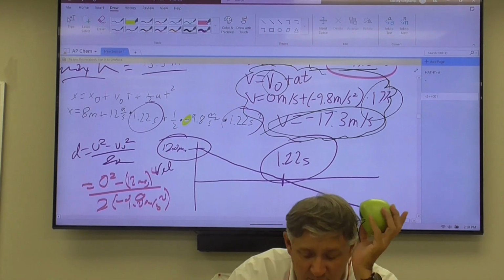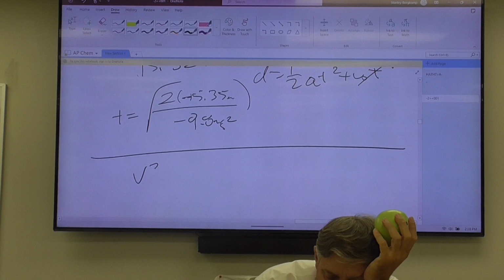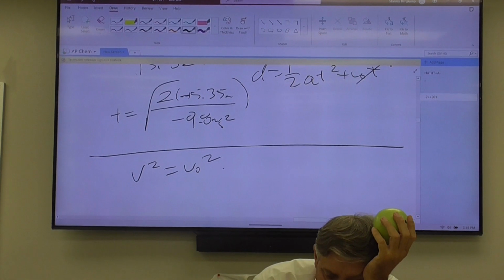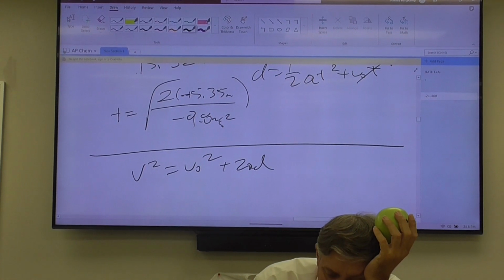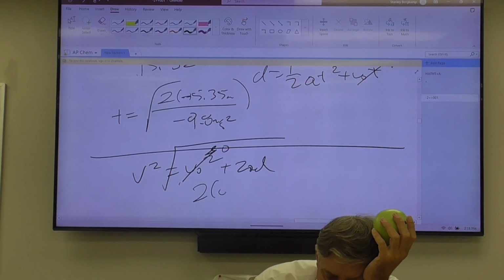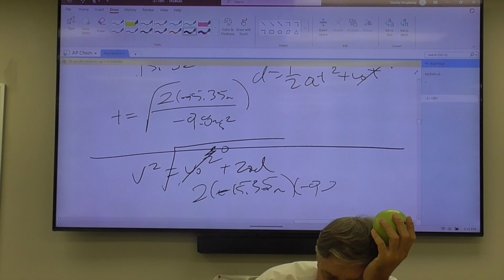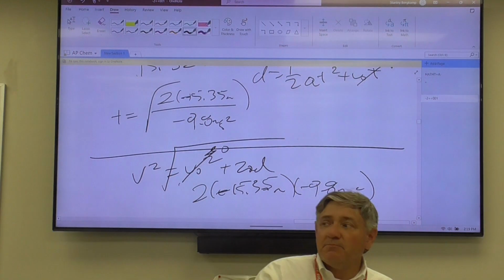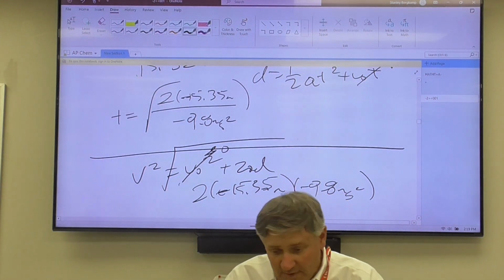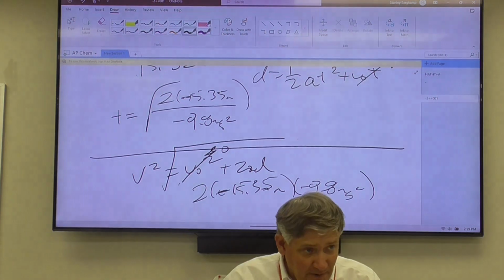The other way that you can find the velocity at impact is you could use that equation. Initial velocity is 0, take the square root of 2 times negative 15.35 meters times. Now, you're going to get that exact same answer, but if you use that equation, your calculator is going to give you the positive root.